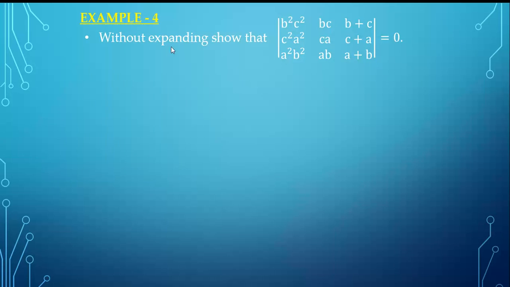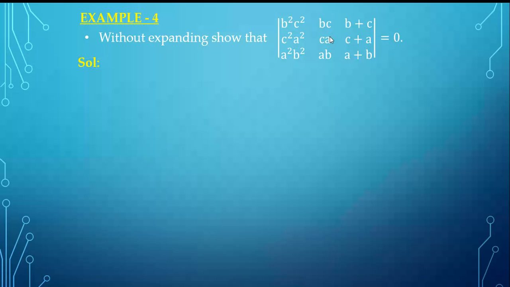Here it is written that without expanding, show that this determinant is equal to 0. So we do not directly use the expansion; we need to use properties. How can we use the property here?